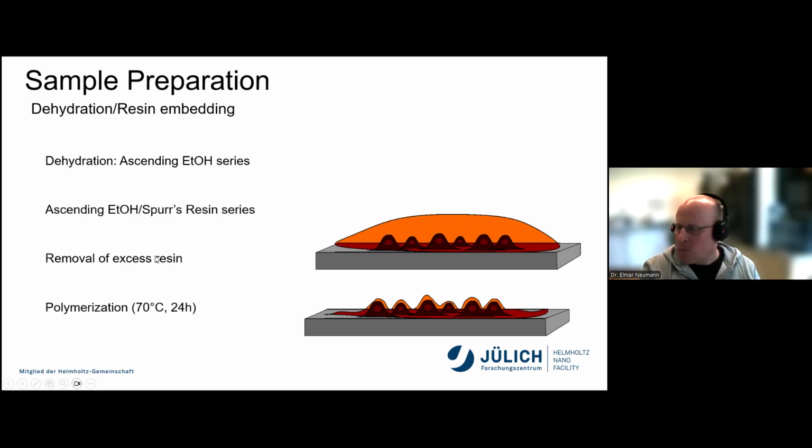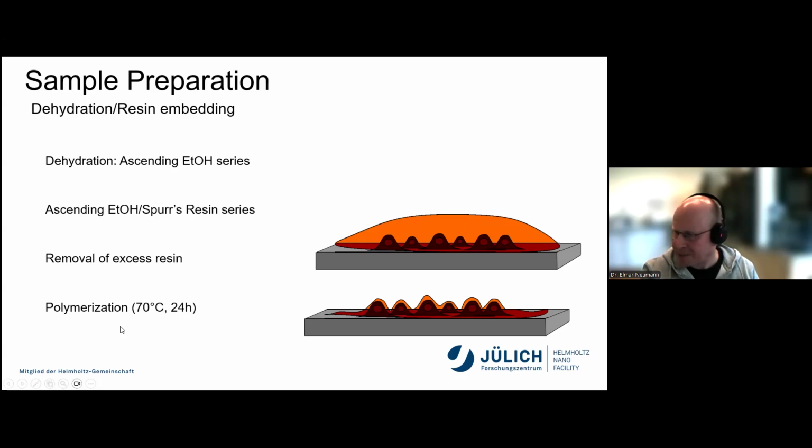Then, after we reach 100% of the highest concentration of this resin, we remove some excess of it, either by washing with ethanol or just leaving it vertically in a container so that it can float off.